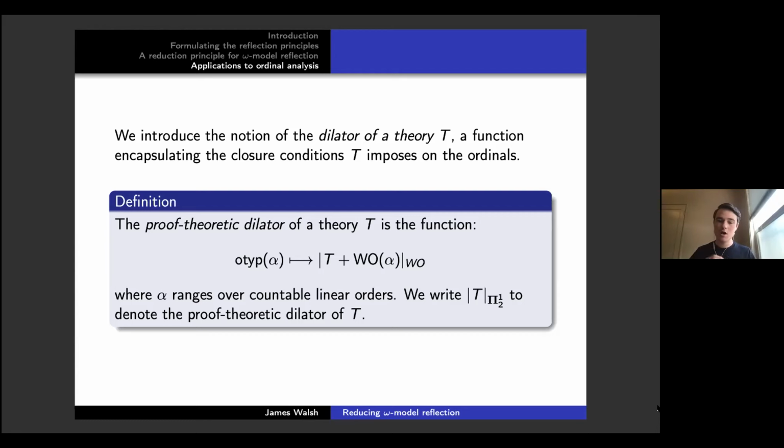Suppose that T proves, or imposes, that the ordinals are closed under the function G. Well, if T is imposing that the ordinals be closed under the function G, then the proof-theoretic ordinal of T plus the statement that alpha is well-ordered will be at least the next ordinal above alpha that's closed under G. So that's why the dilator is encapsulating something about the closure conditions that the theory is imposing on the ordinals.